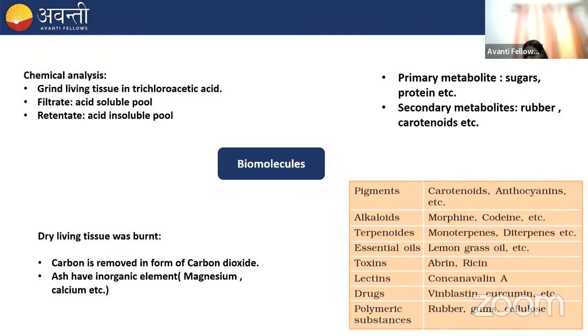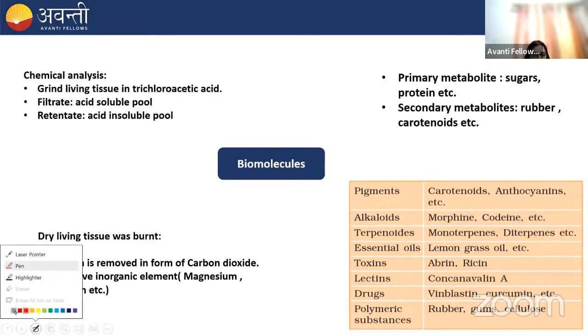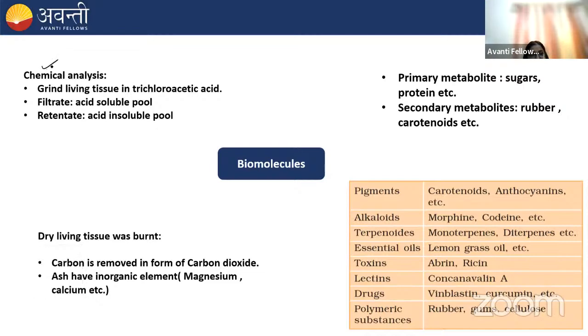So two analyses have been done. One is the chemical analysis and the second one is the ash analysis. In chemical analysis, what the scientists did, they take the living tissue.